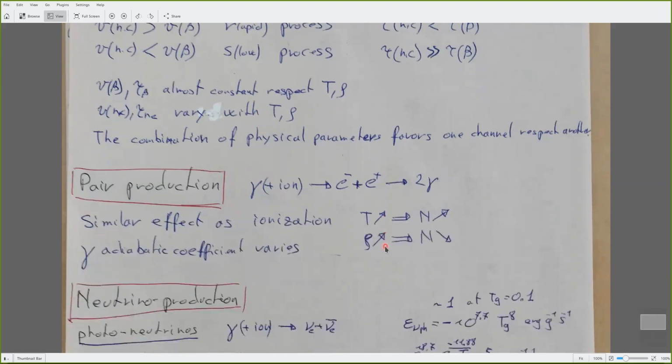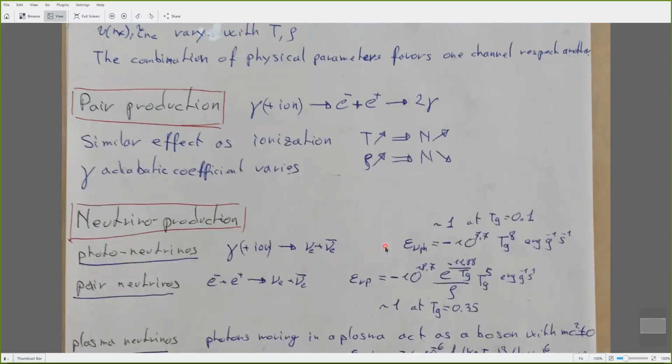Another point, there are some reactions that are not about forming new elements, but are important. It's the pair production, when a photon, a gamma ray obviously, reacts with an ion and produces a pair of particles. In this case, we are talking about an electron-positron pair.